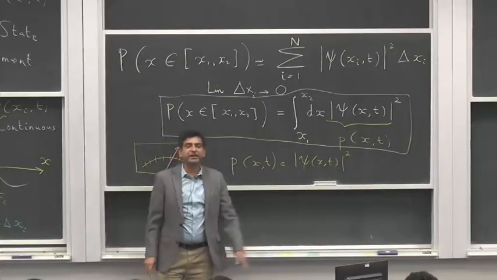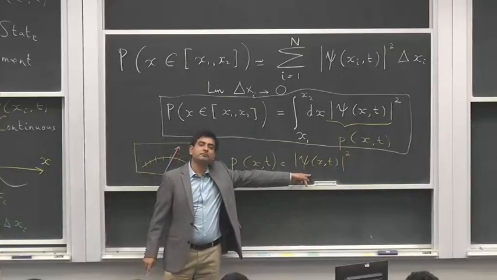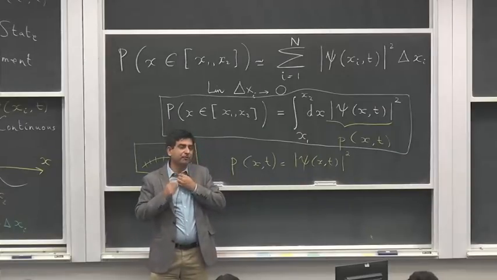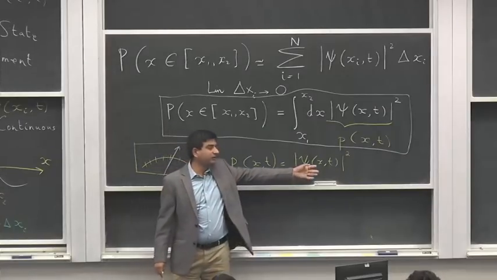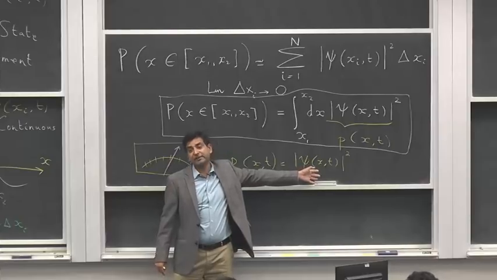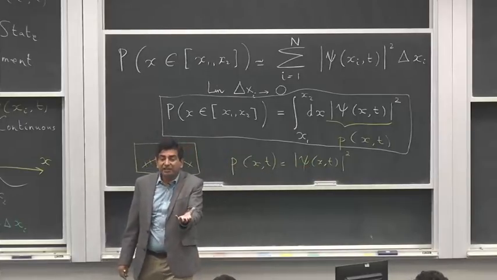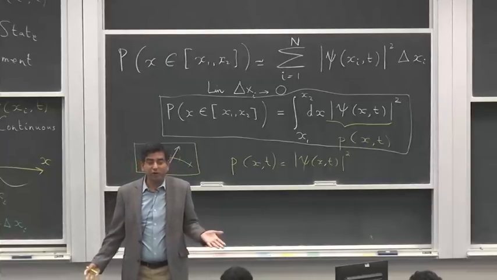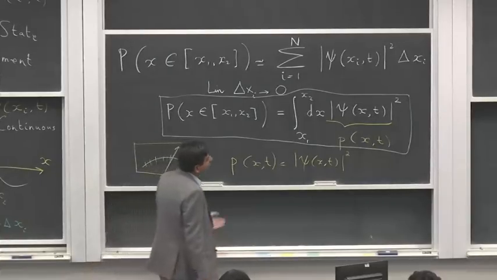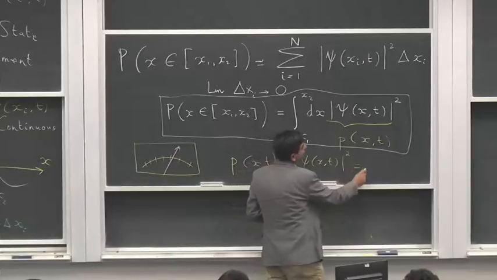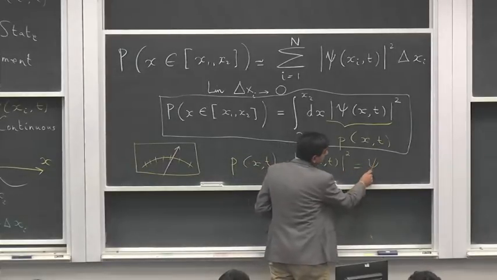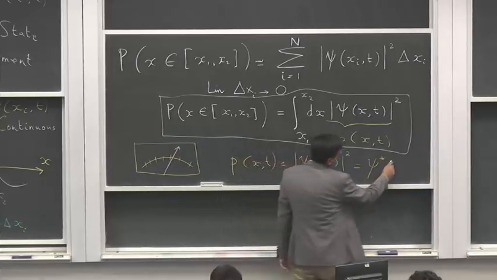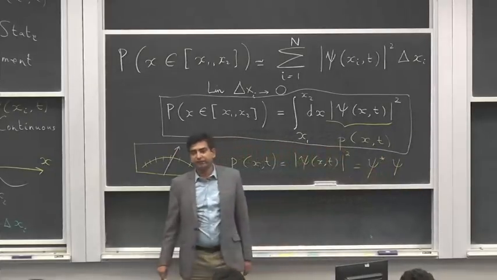And if I were to, is this a real number? You've done a full-fledged homework on complex numbers, so this is a real number. And probabilities, which are classical outcomes, they are real numbers. And it all makes sense. And if I were to write this in an alternative fashion, I could also write this as psi complex conjugate multiplied with psi itself.